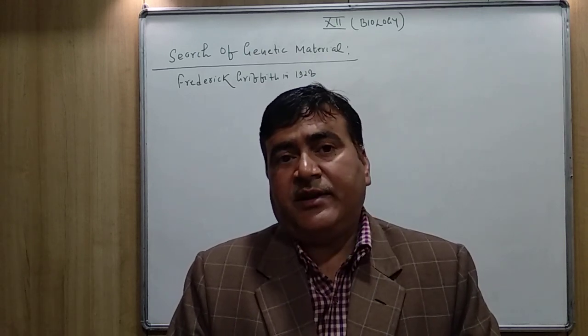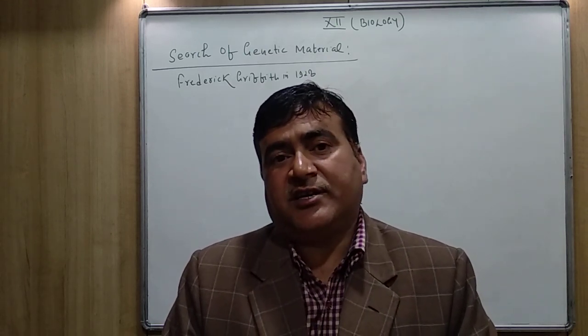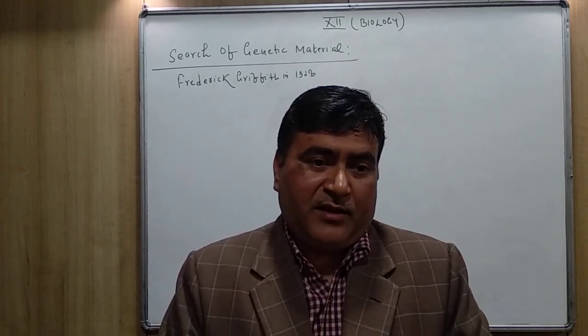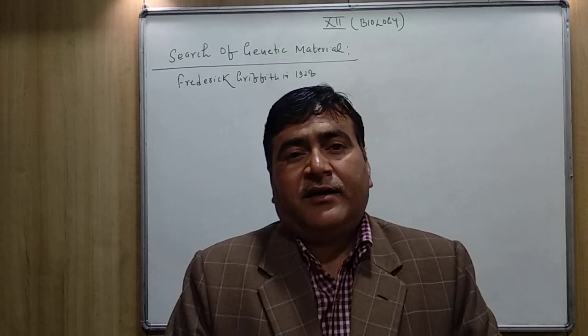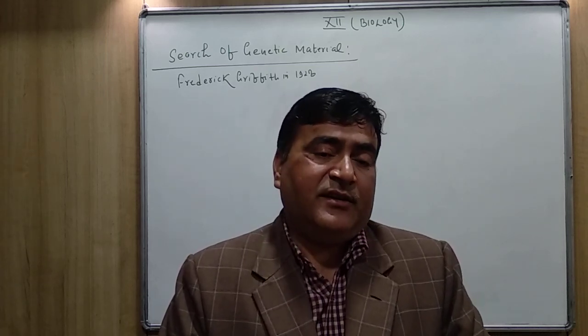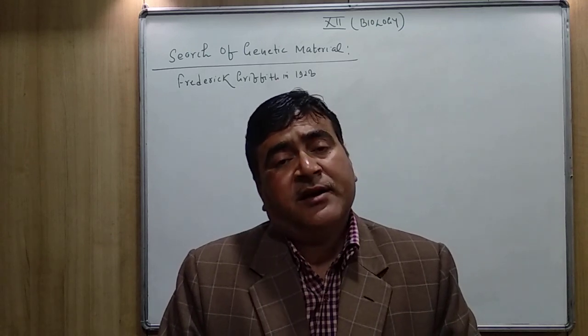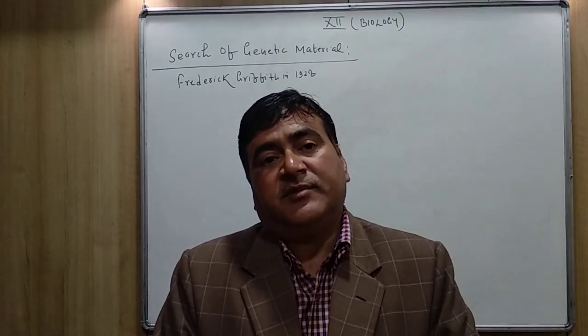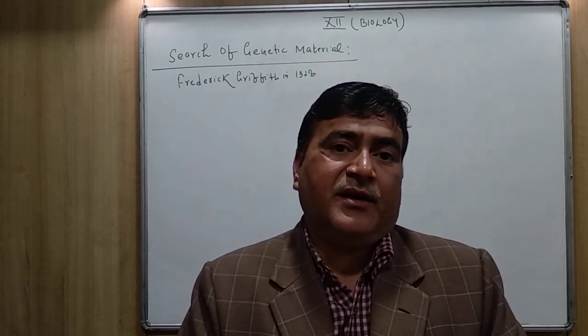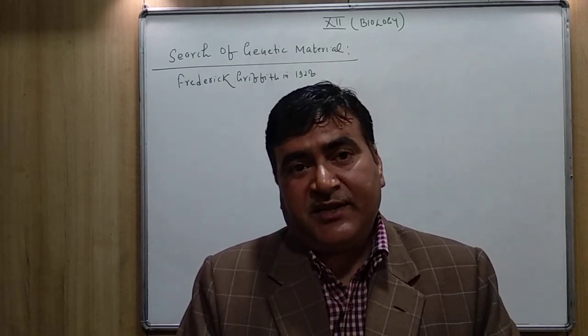The Griffith experiment is related to the transforming principle. You can say that the transforming principle, or the transformation, is the process in which one bacterium is transformed into another bacterium by receiving some genetic material.